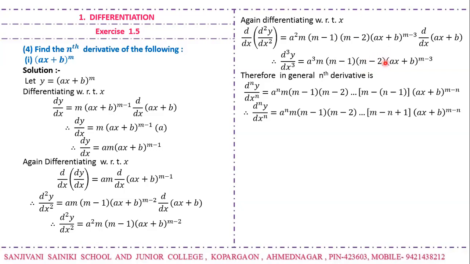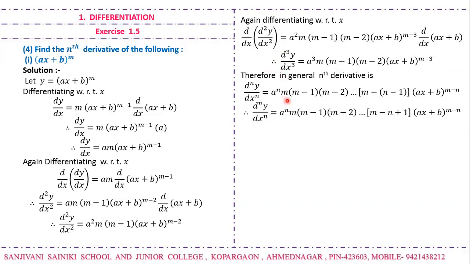We can obtain this 2 by order minus 1, that is 3 minus 1. Then (ax plus b) raised to m minus 3. What is 3? 3 is the order of the derivative. So d^n y by dx^n is a raised to n into m, m minus 1, m minus 2, and so on, up to m minus n plus 1, and (ax plus b) raised to m minus n. So we are generalizing this from the third order derivative.